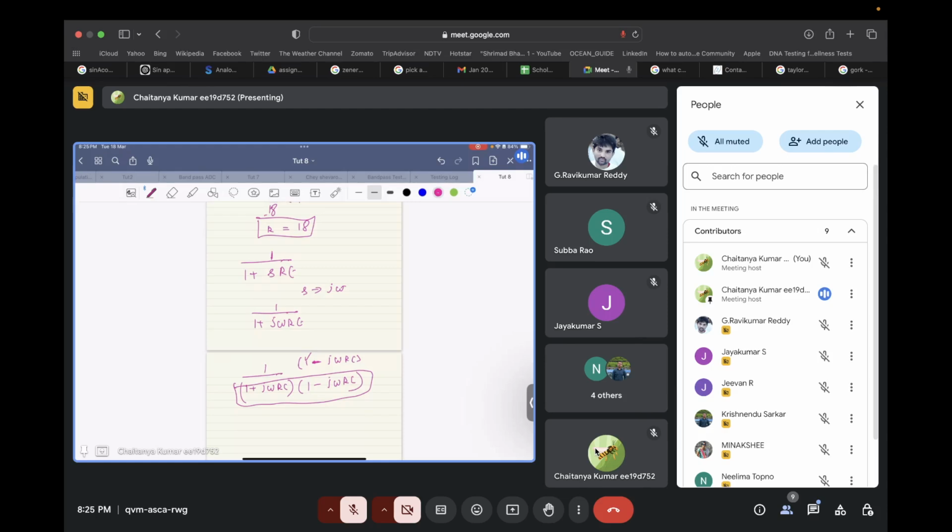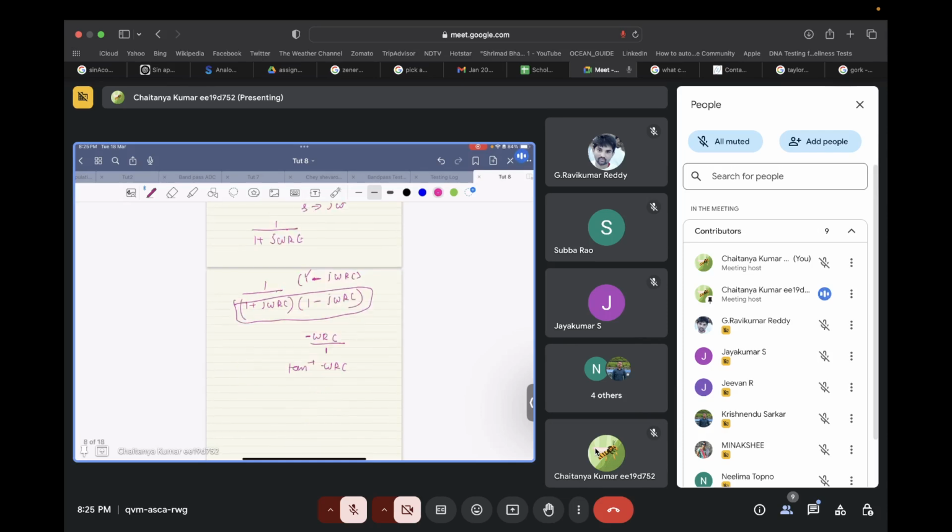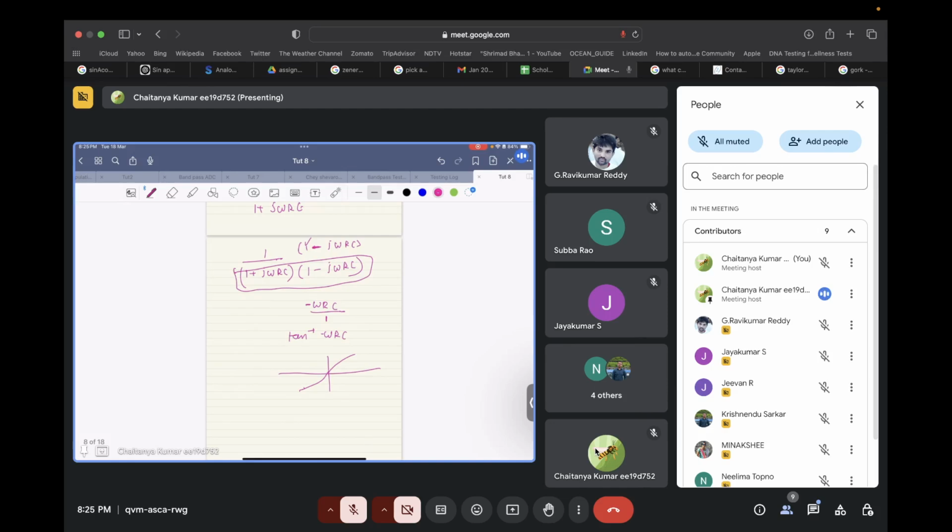The ratio of imaginary part to real part will be minus omega rc by 1, correct? So we will have tan inverse of minus omega rc, and since tan inverse has an antisymmetric property, the negative sign can come out. So minus tan inverse omega rc.